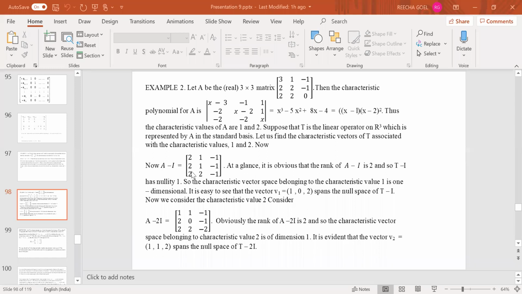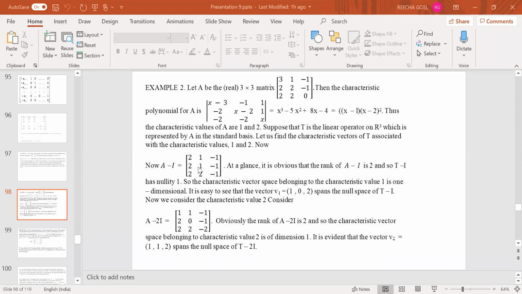At a glance, you can see that the rank of this particular matrix cannot be 3, because two rows are identical. But if you look at this particular minor, it is non-zero.